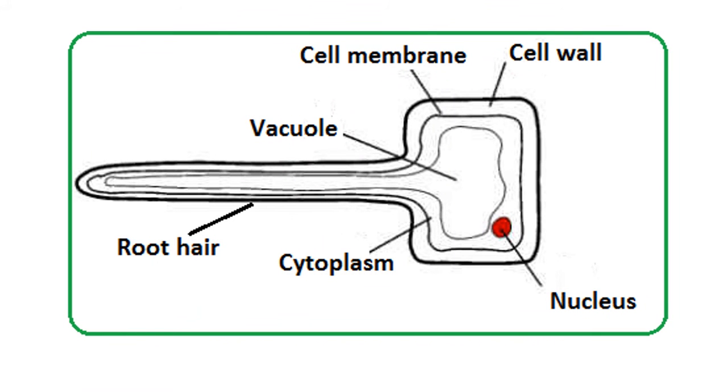Now let's take a closer look at a hair cell. A hair cell is just like the typical cell, containing a cell wall, a cell membrane, the vacuole which stores the water, the nucleus which is the control center of the cell, and the cytoplasm which suspends other organelles.